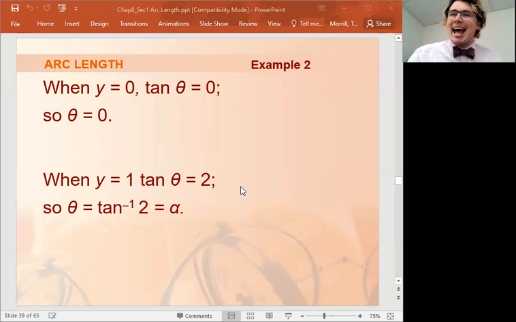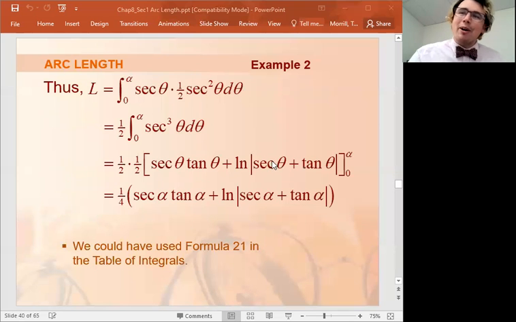Because y is a half of the tangent. So theta is going to be the tangent inverse of 2, or I might call that the arctangent of 2. For right now, let's just call that angle measure alpha. We'll get back to that. Okay, here we go.